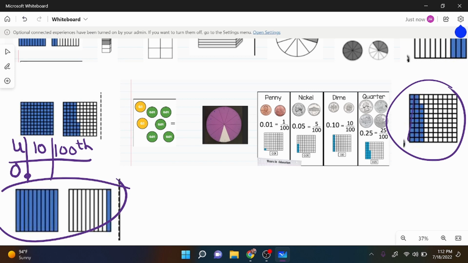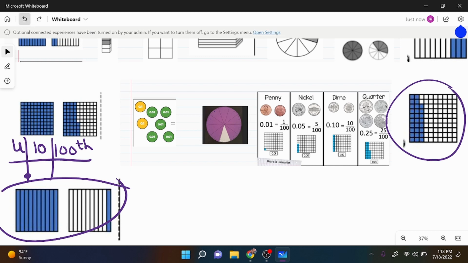I see 2 tenths and then I see 8 hundredths. So as a fraction, I would say there's 10, 20, 21, 22, 23, 24, 25, 26, 27, 28 out of 100 shaded in. So I would say that's 28 hundredths. And right here is my decimal to show 28 hundredths.